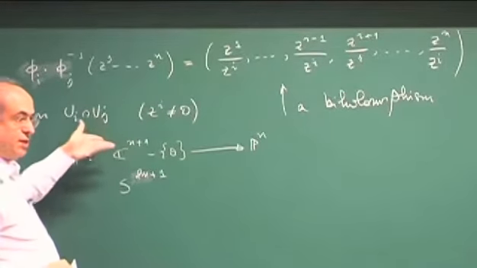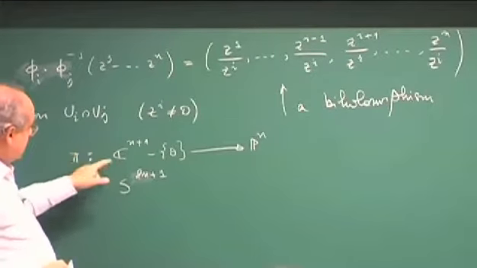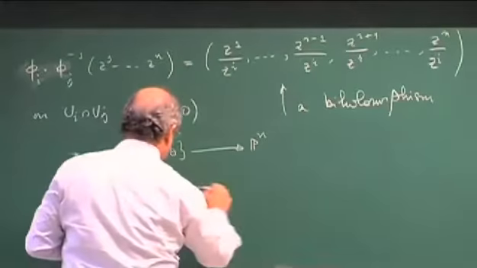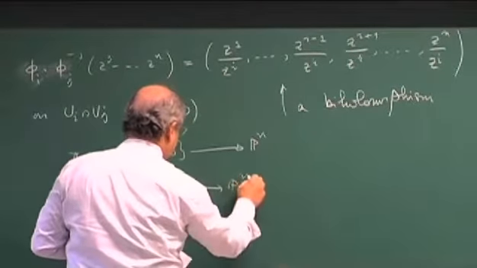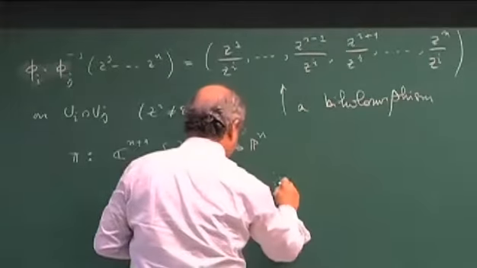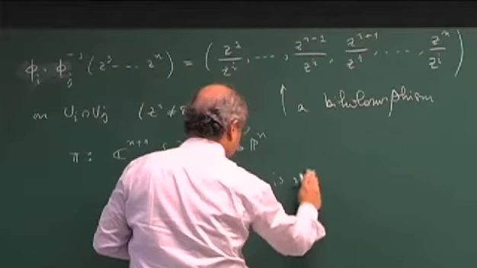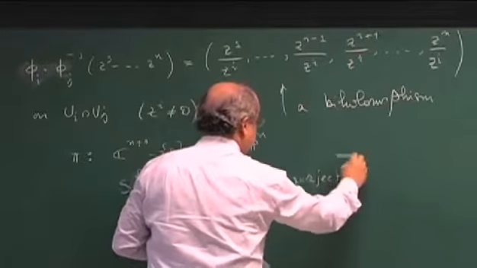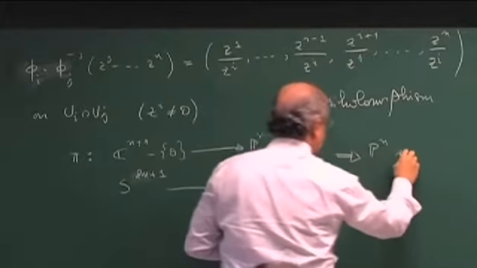We'll look at, of course, identifying C with R2. The sphere, of course, sits here. And then you can restrict. And the restriction of pi, you may show it is surjective. And this implies that Pn is compact.